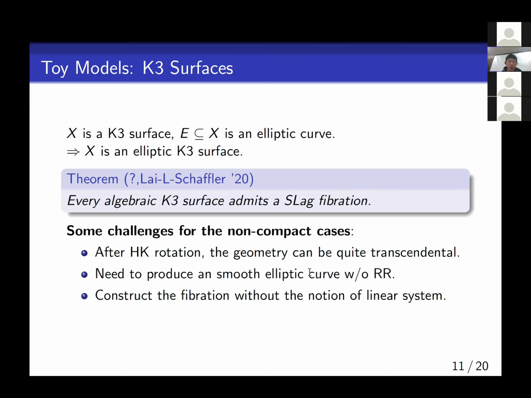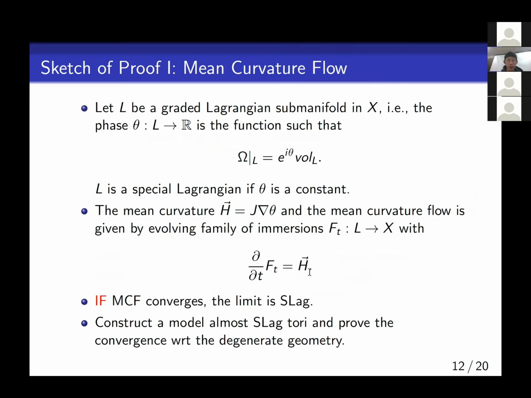So for the sketch of the proof, sorry, now I won't be able to avoid analysis, so let me briefly explain the idea. If we start with a Lagrangian, that means the Kähler form, the restriction, equals 0.